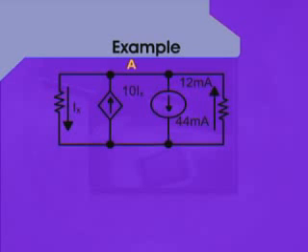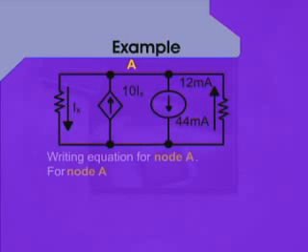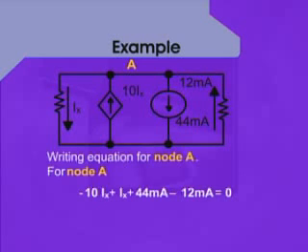Further moving on to the right hand side, we can once again see that the 44 milliampere independent current source is leaving node A, and through the resistor a 12 milliampere value is approaching node A. Therefore, the equation for node A will be minus 10 times Ix plus Ix plus 44 milliamperes minus 12 milliamperes equals 0.